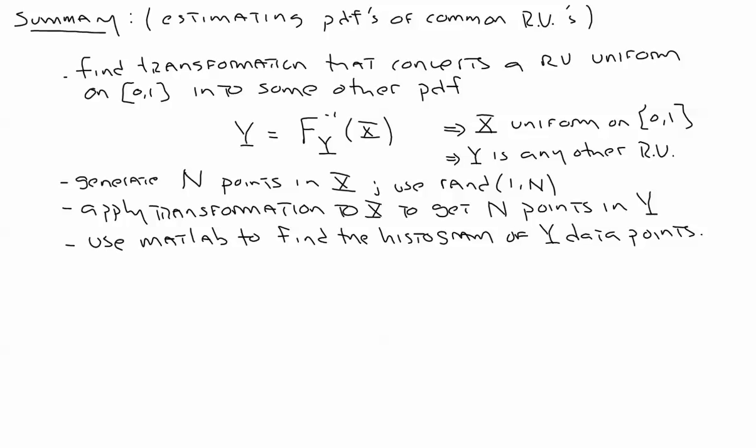After we create the histogram, we can estimate the probability density function. H will represent my histogram, divided by n times delta y. H is my histogram vector.